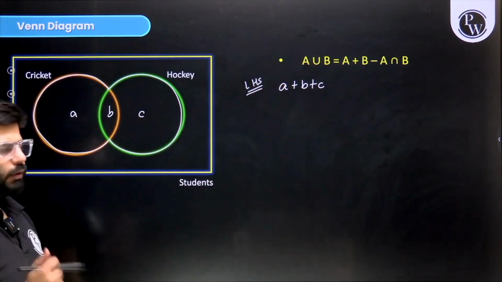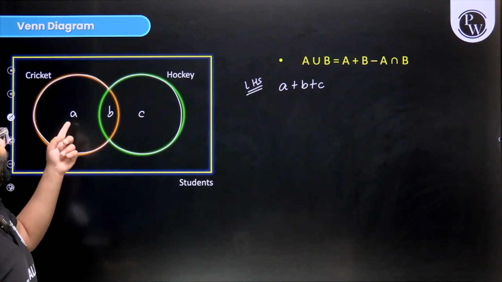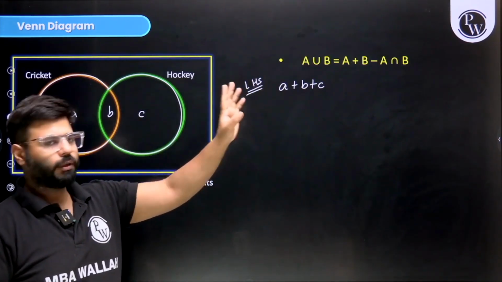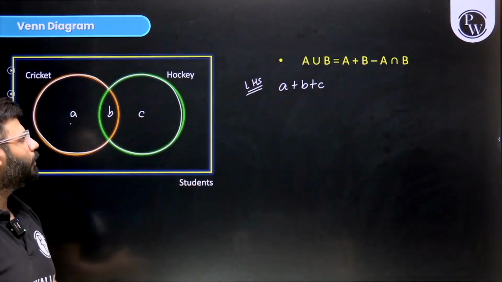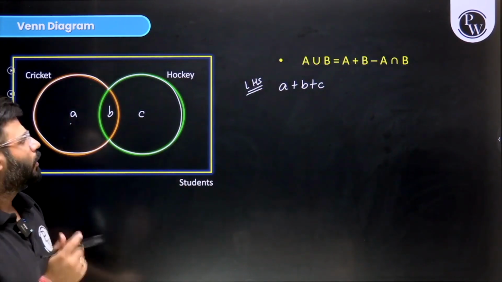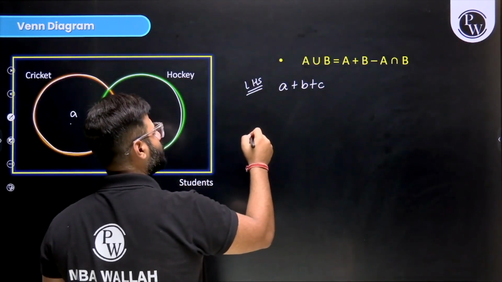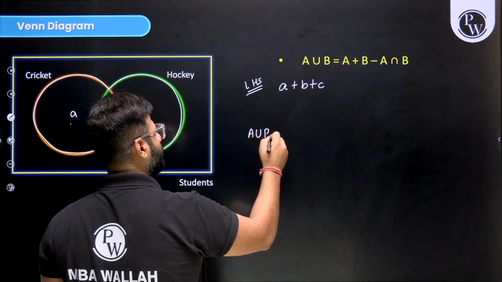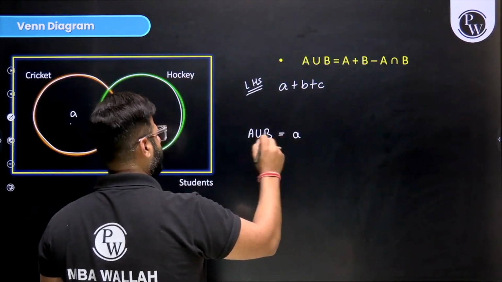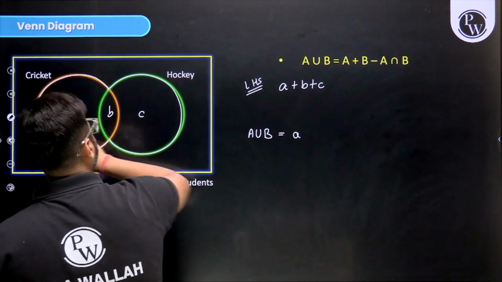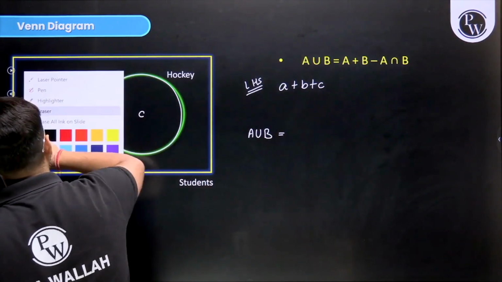Now think, I want A plus B plus C in A union B. I need the value of A union B. So what I did is, मैंने कहा let's bring in the set A. If I bring in the set A, what happens?